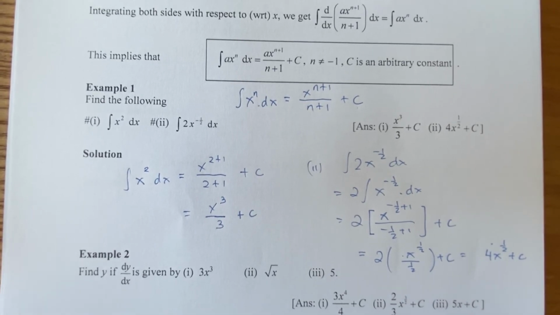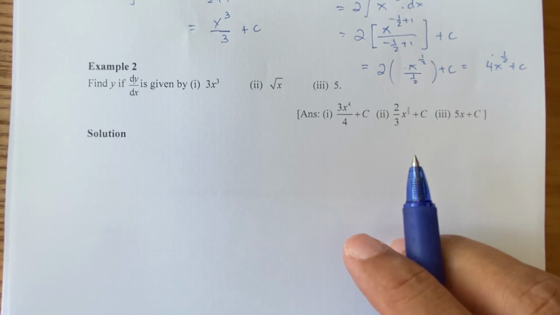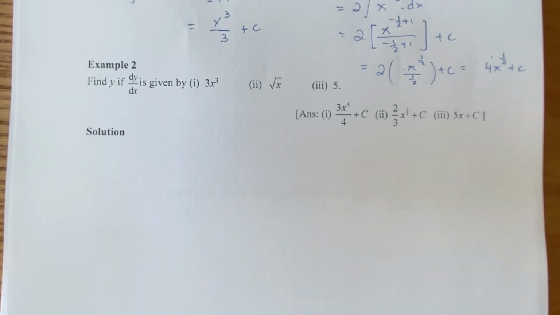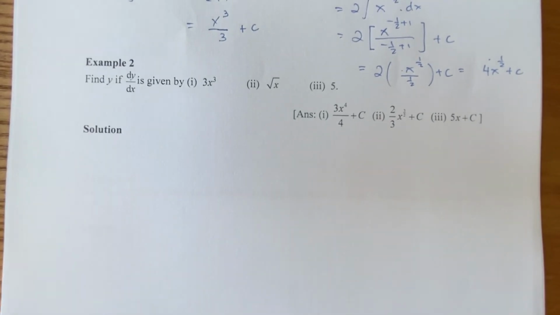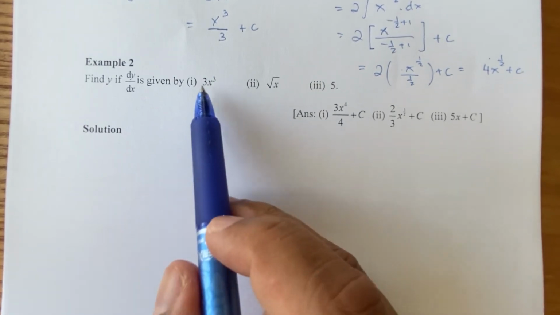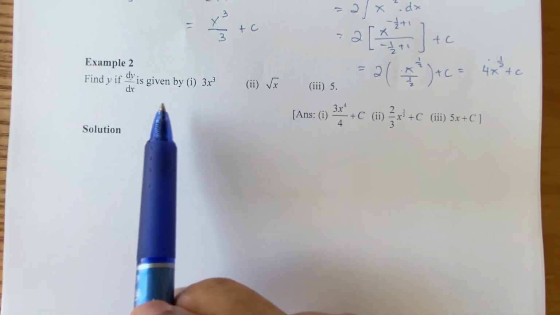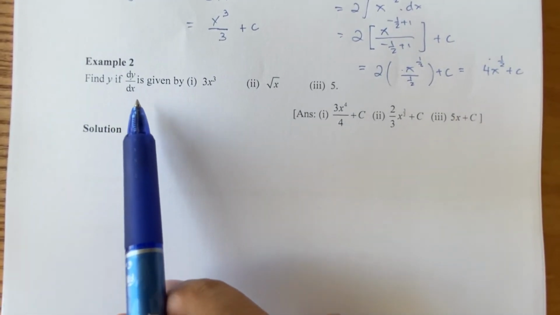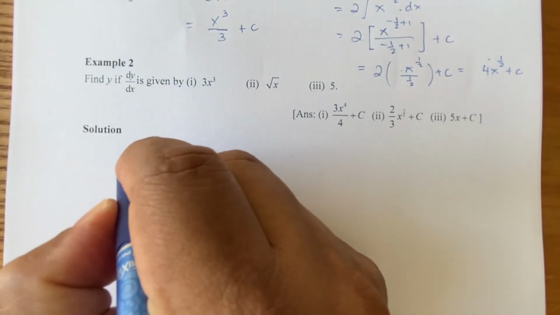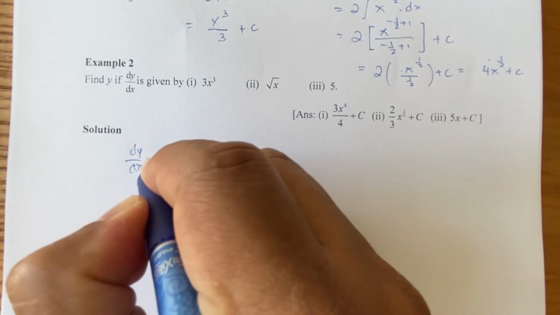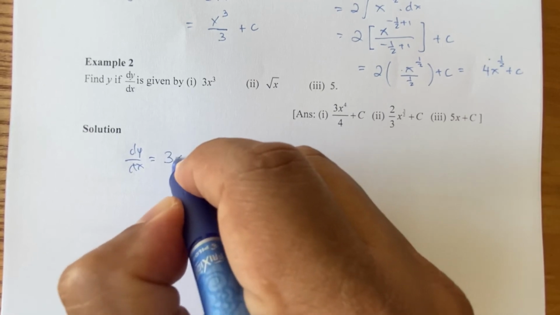Now, can I give you some time to do example 2 yourself? dy/dx is given by 3x cubed. What shall we find for y? In other words, dy/dx is equal to 3x cubed.